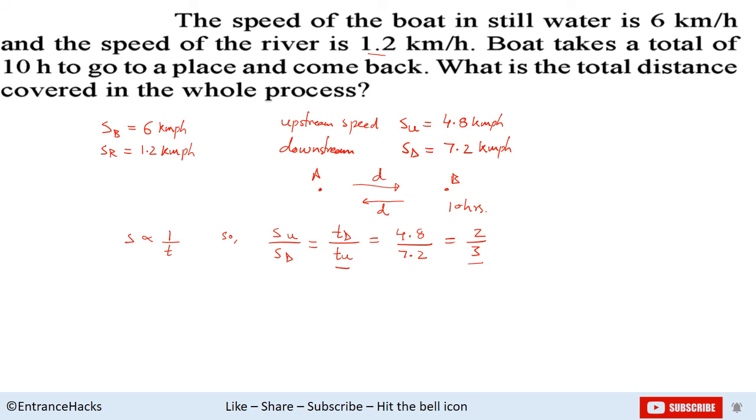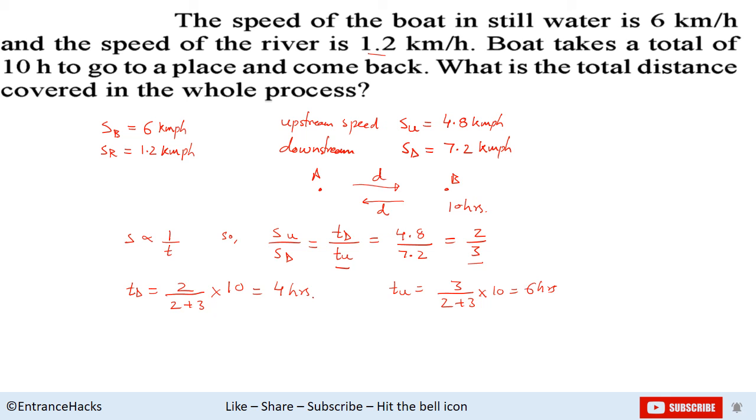So the time taken for the downstream will be 2 upon the total ratio, 2 plus 3, into the total time, which is 10. So it will be 4 hours. Similarly, the time of upstream would be 3 upon 2 plus 3, into 10, which is equal to 6 hours.